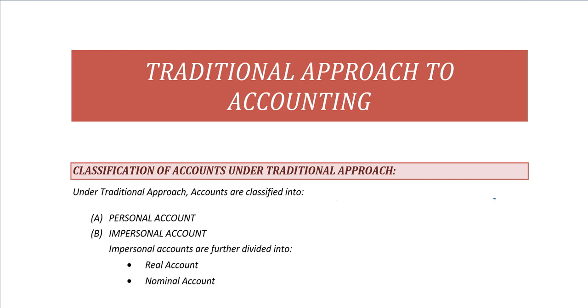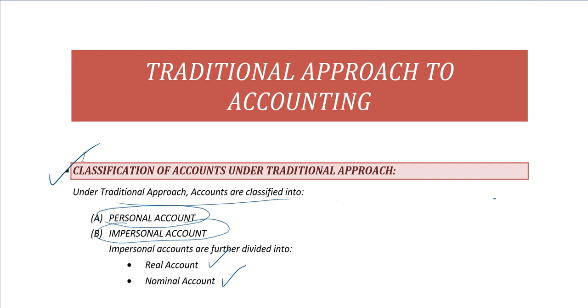Now, what is the classification of accounts under the traditional approach? Under the traditional approach, accounts are classified into A. Personal account and B. Impersonal account. Impersonal accounts are further divided into real account and nominal account.